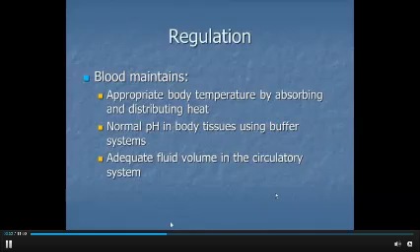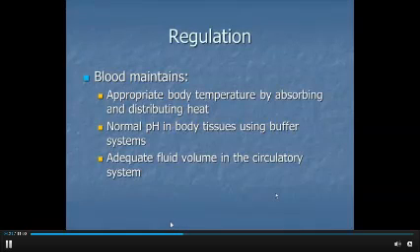Blood maintains the body temperature. Heat is produced actually during muscle contraction, and that heat can be distributed depending on the needs. For example, when you're really cold, you are trying to conserve heat, and what happens is your skin vessels go into a constricted state. Very little blood goes through the skin. The heat exchange between the body and the surrounding environment decreases.